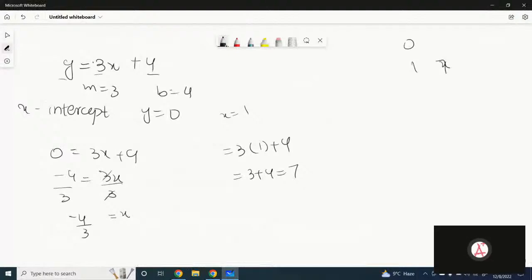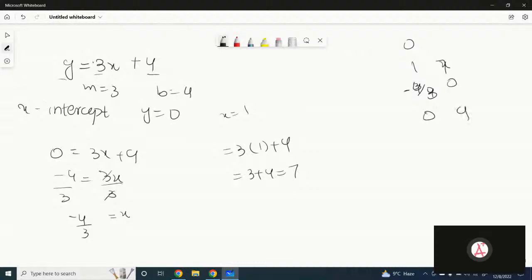For the x-intercept you have to put y equals 0, not x. Okay, when y is 0, x equals negative 4 over 3.